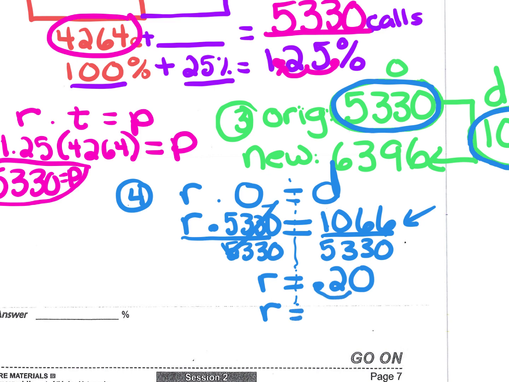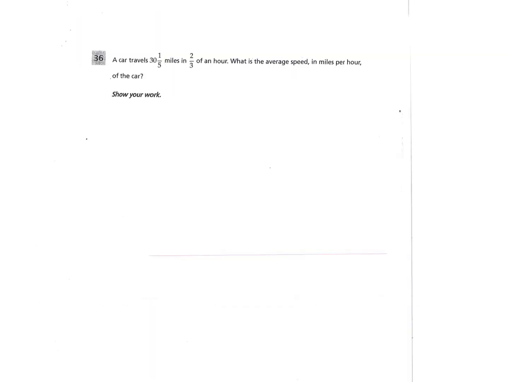If you convert it to a percent, which they want, a percentage or the rate of change, you get 20%. Let's move on to the next problem, which is much shorter.